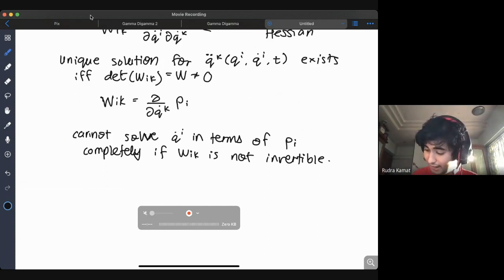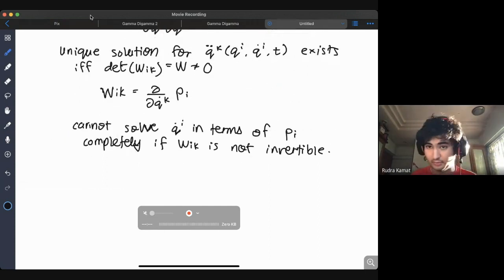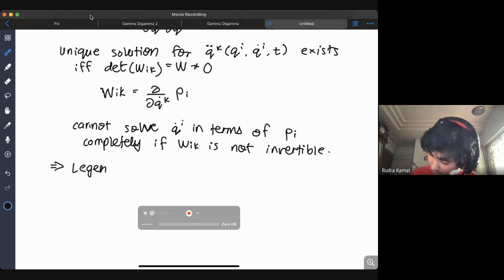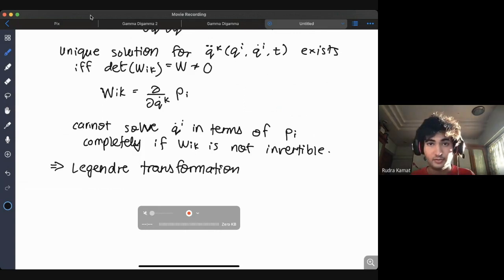So if we can't solve for all the velocities and convert them into respective momenta, that just means the Legendre transformation fails. These are a bunch of fancy names, but the Legendre transformation is what enables us to convert from a Lagrangian mechanics perspective to a Hamiltonian mechanics perspective, and vice versa, as long as it is invertible.